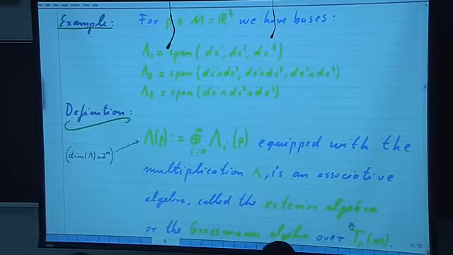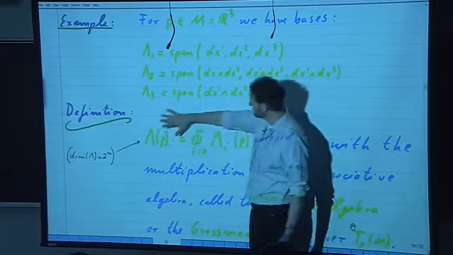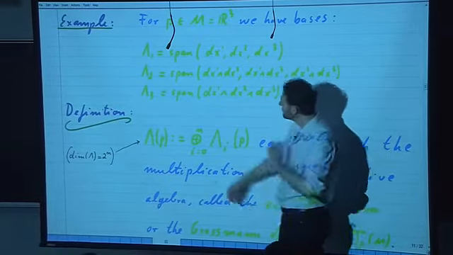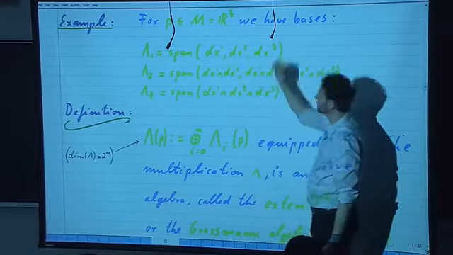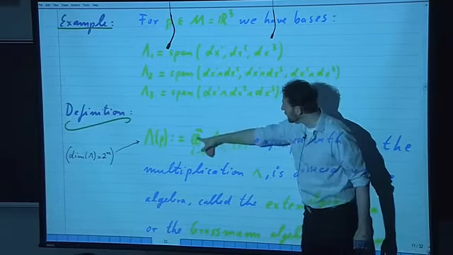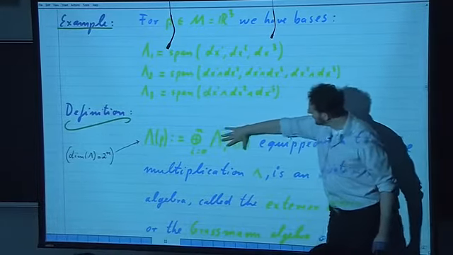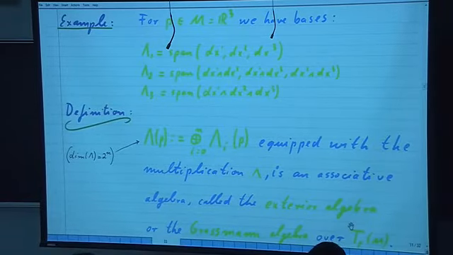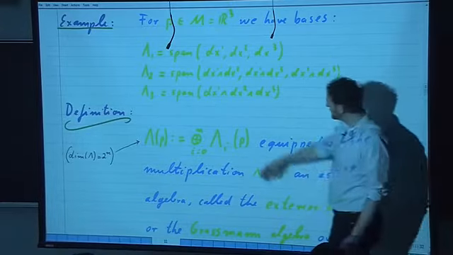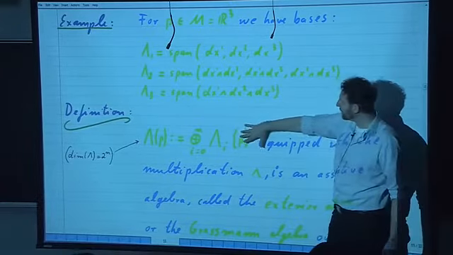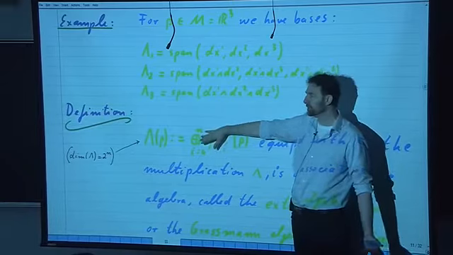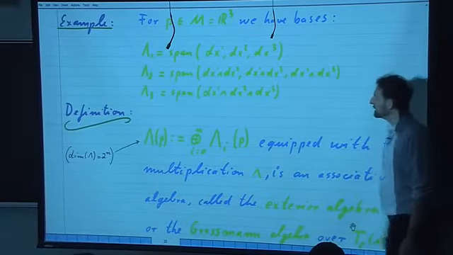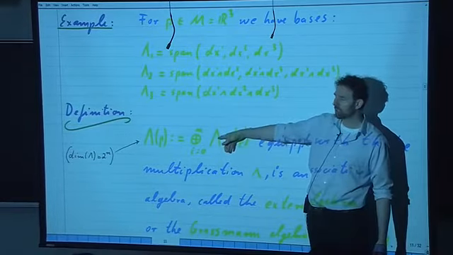Now, here's a crucial definition. We define now the algebra of all of those differential R forms. It's simply the linear combination of the spaces of differential I forms. As a vector space, it's just a linear combination of them. So we allow ourselves now to write down linear combinations of 1 forms and 2 forms and 3 forms and so on, which is not something we would normally do with ordinary tensors.